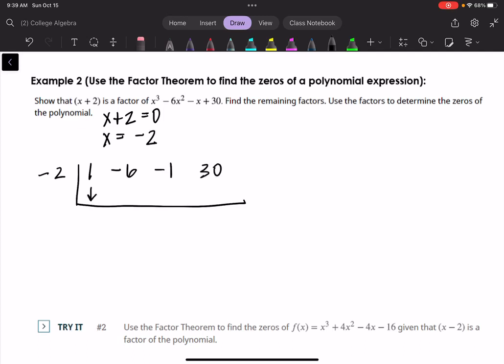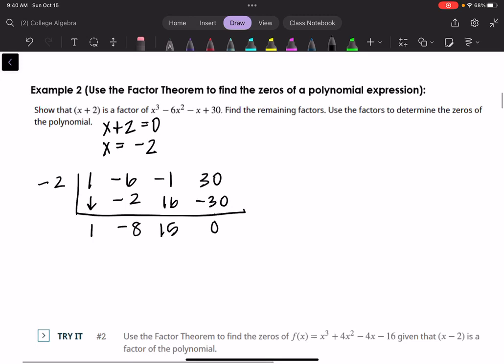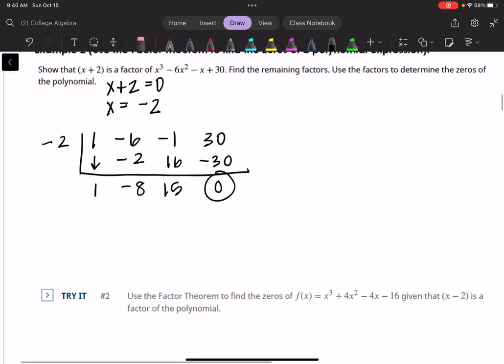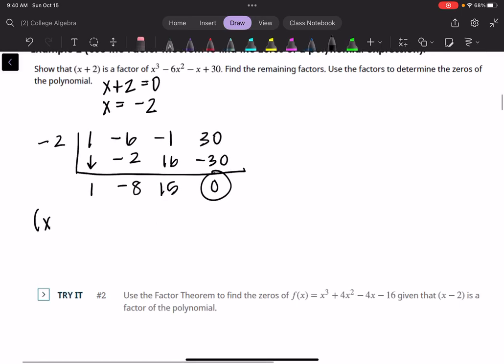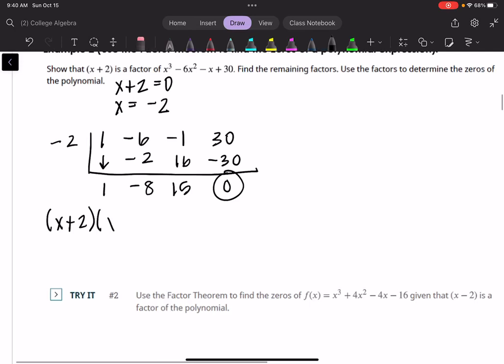So this will be 1, -2, -8, +16, 15, and this will be -30. So remember the other day we said that this is a factor if this is 0. So the factor we have already shown is x plus 2, and then the remaining is just going to be x squared minus 8x plus 15, which is the quotient.